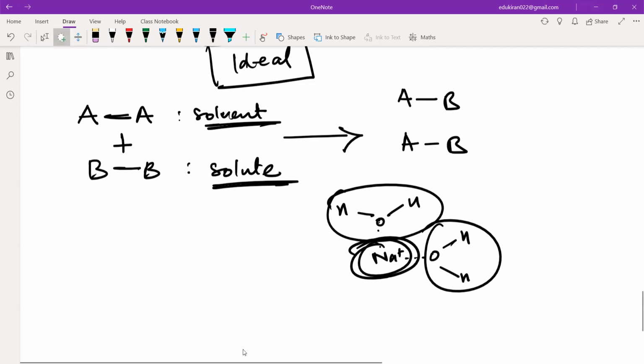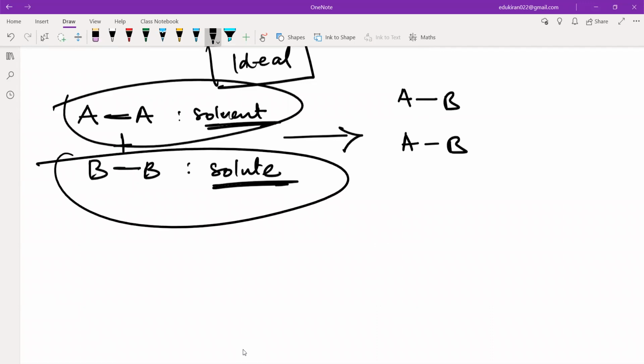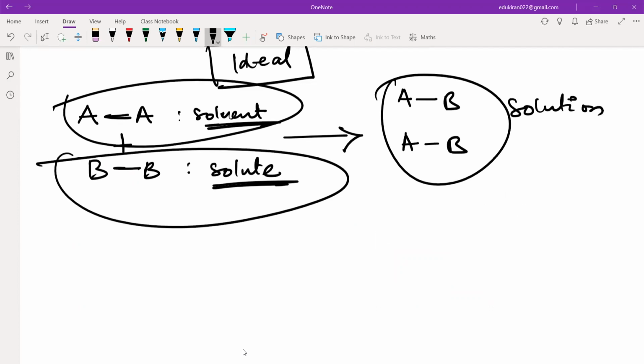Now look, please listen very carefully. Now we will just focus on the intermolecular forces of attraction. We will compare it between the solvent, solute, and the solution. Let us suppose AA is equal to BB.